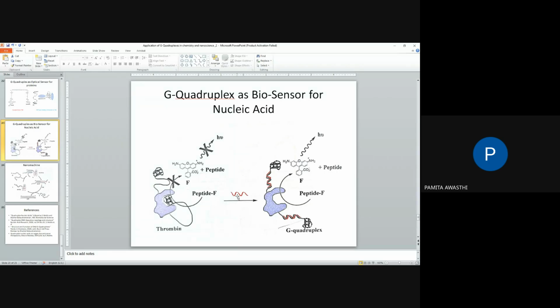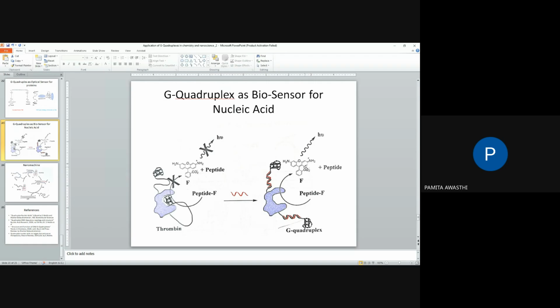Now, addition of a complementary chain to this DNA fragment, which is attached to this thrombin protein, enables, when the complementary strand forms a bond with this DNA strand, this will not allow the quadruplex to form, and it will allow access to the thrombin active site, and will allow the reaction to proceed, and we'll get a signal.